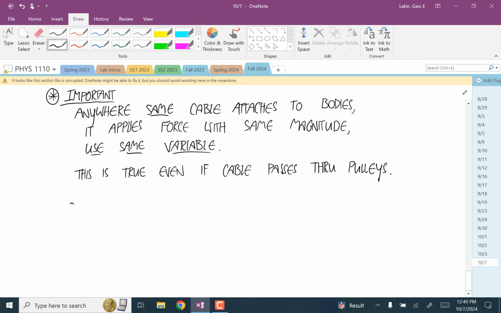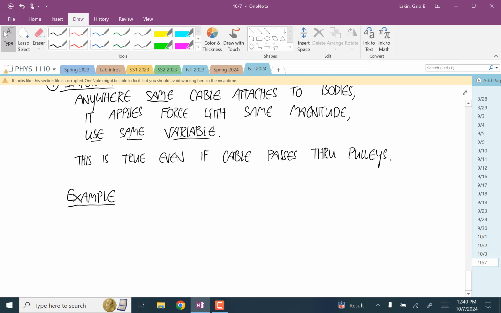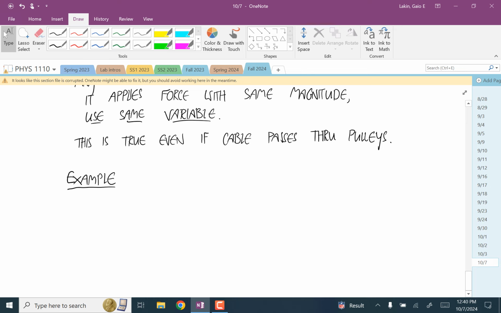Okay, so let me do an example with pulleys. So let's say we have a ramp and a cart on the ramp like this. And there's a cable that goes from this first cart.